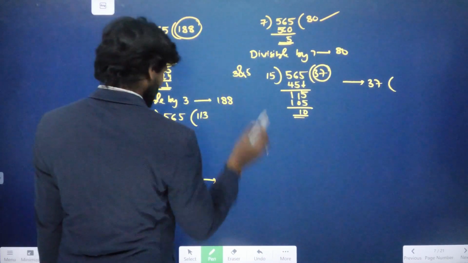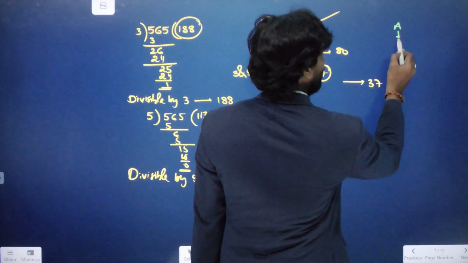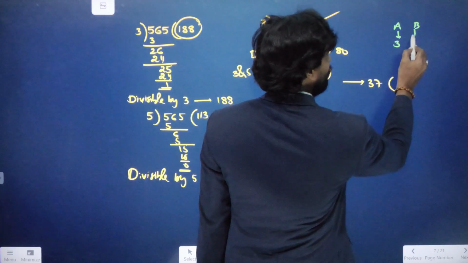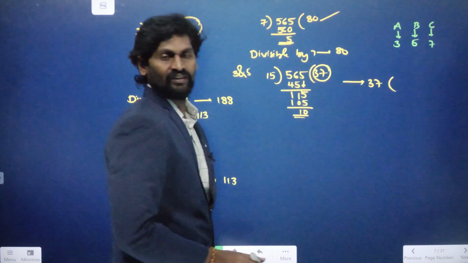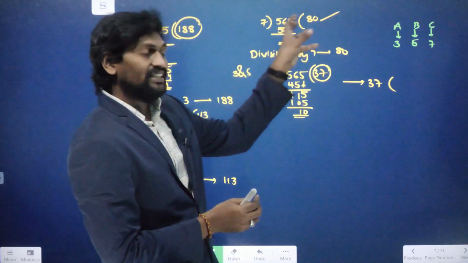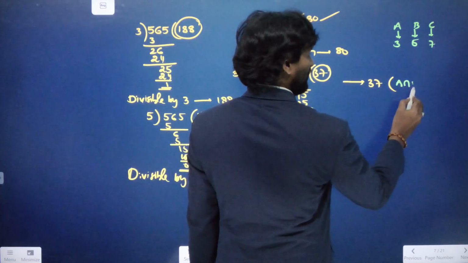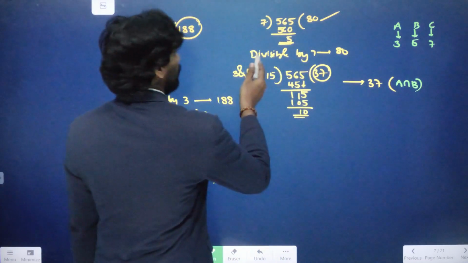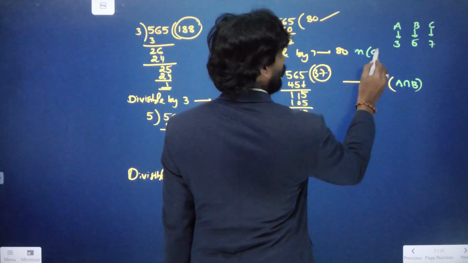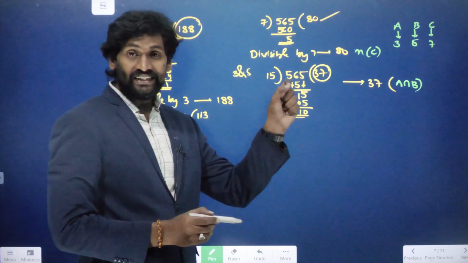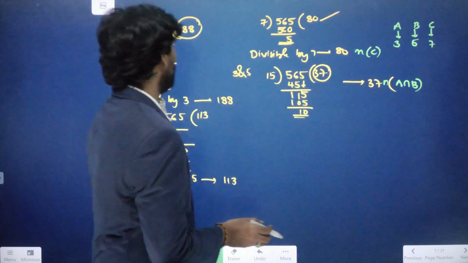Now let us take the combinations: A is divisible by 3, B is divisible by 5, C is divisible by 7. So combination means A and B together, so this is A intersection B. The number of integers divisible by 7 is N of C. This is N of A intersection B we got.